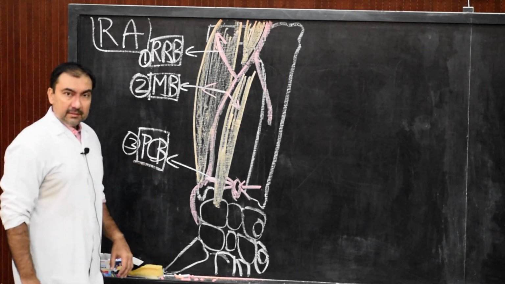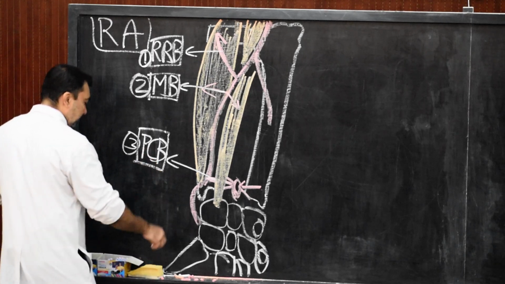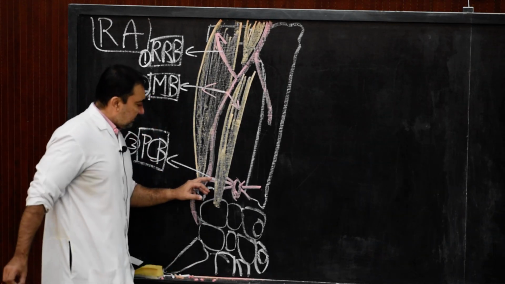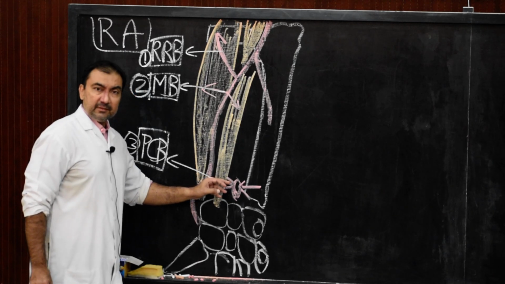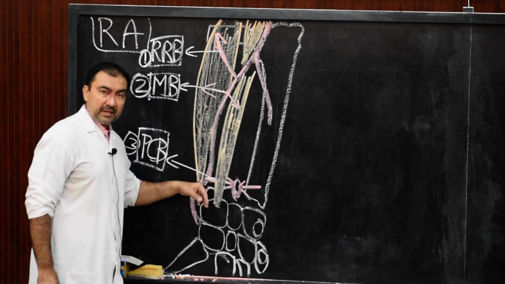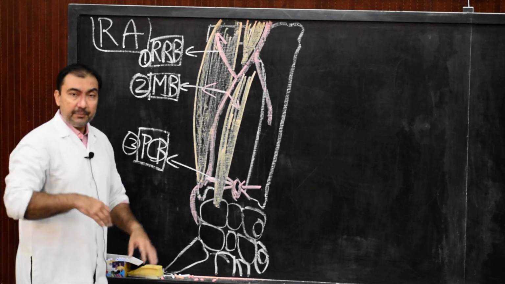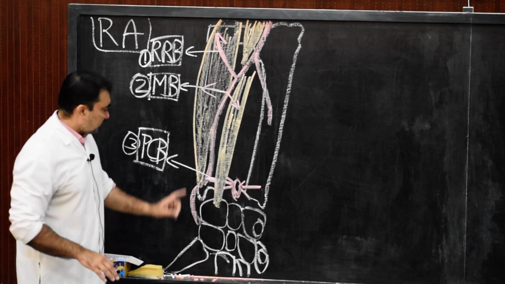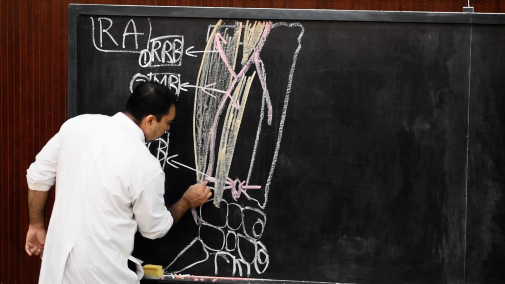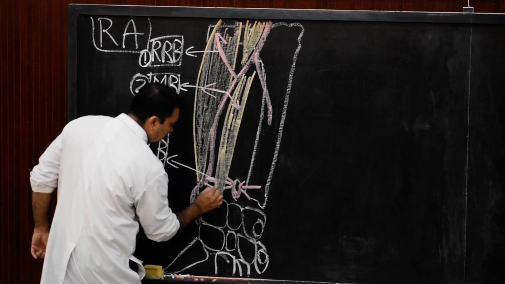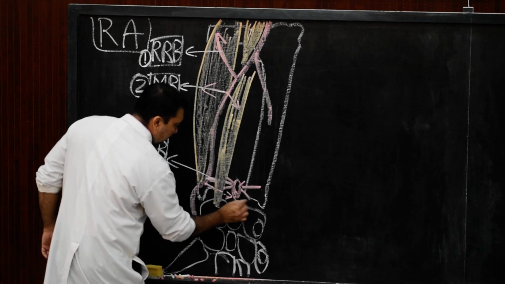Branch number 3. Now branch number 4, very simple. Just as this branch was given transversely towards the medial side behind the long flexor tendons, similarly another branch will be given posteriorly behind the extensor tendons.